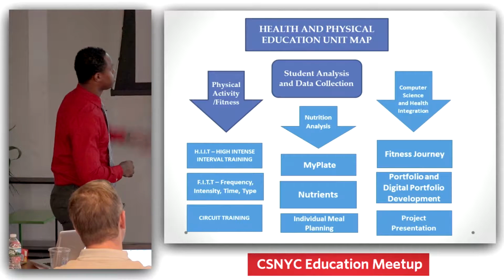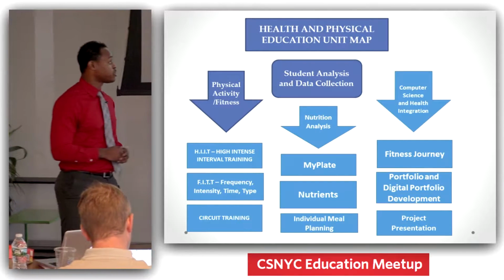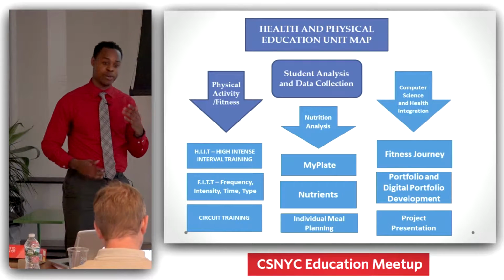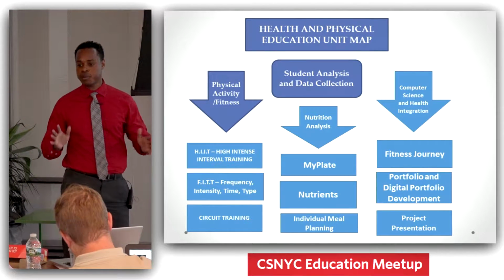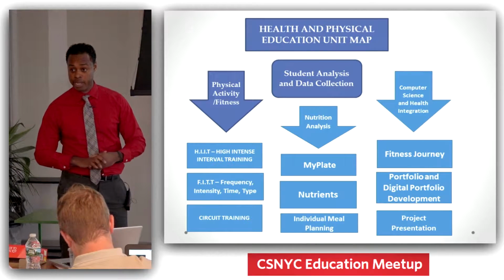So in my physical education class, I teach them the different types of training that we probably get as we get older. We hear about this through like Zumba and yoga, and we go to all these special classes. So why can't our students get these same classes at their age right now?